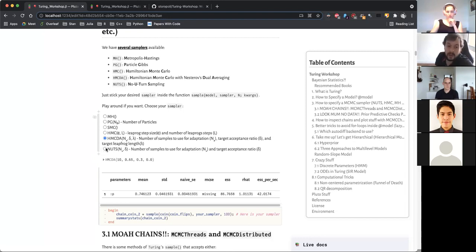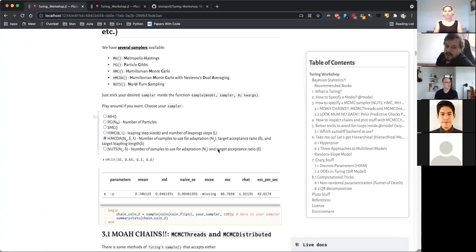If you don't know which one to specify, just go NUTS and you won't fail. And you also specify an NA, the number of samples to use as adaptation, and a target acceptance ratio, that's the delta. I generally specify half of my samples as the number of samples to use for adaptation, for warm-up.